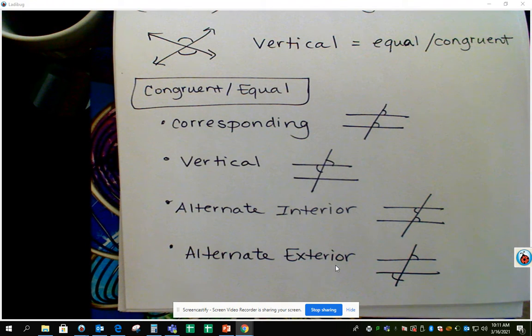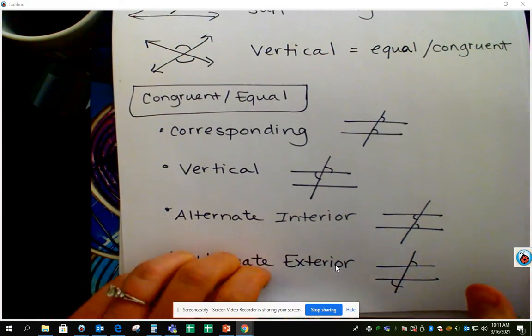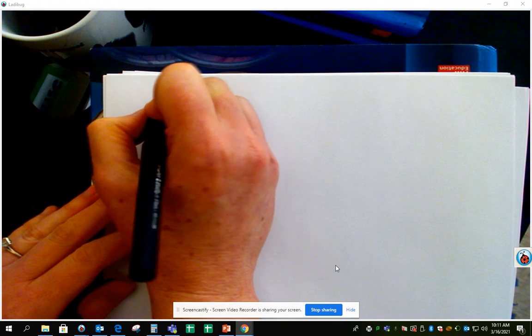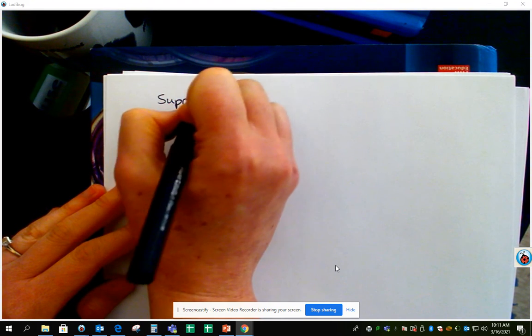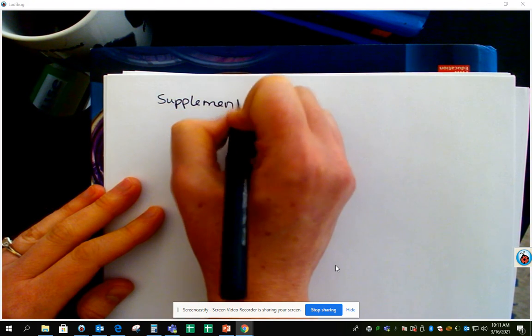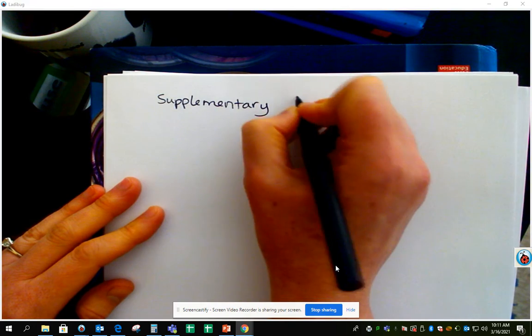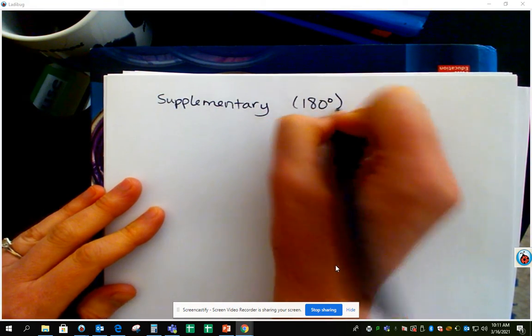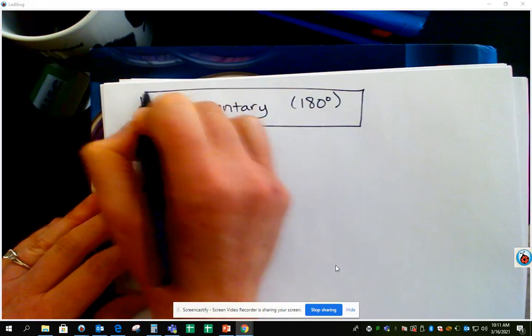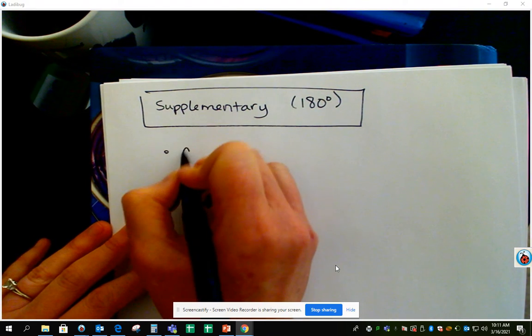Okay, and then our last little group of angle relationships are the ones that are supplementary. So they add to 180. And there were two relationships like that.